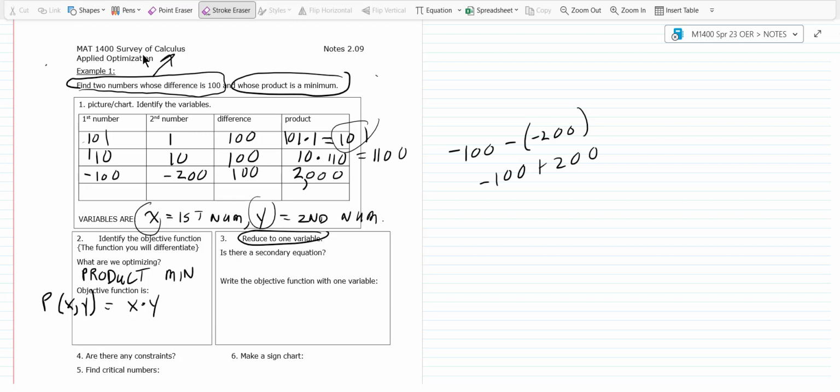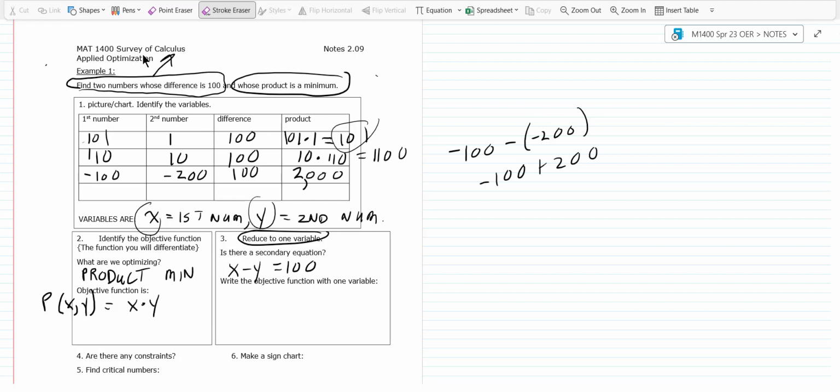So let me ask this question. How do you write in algebra that x and y have a difference of 100? How do you write the difference of x and y? What does difference tell you to do? Subtract, okay, so that's going to be x minus y equals 100. That's what we call a secondary equation.